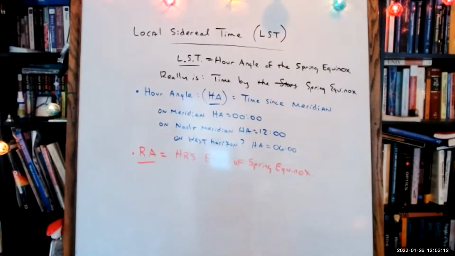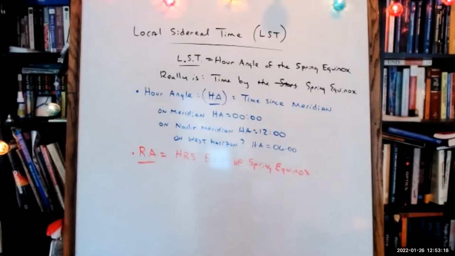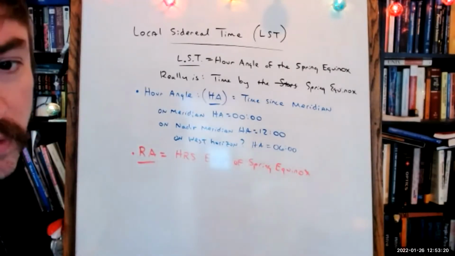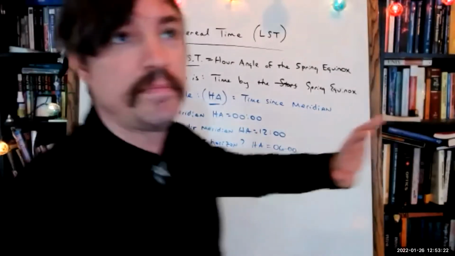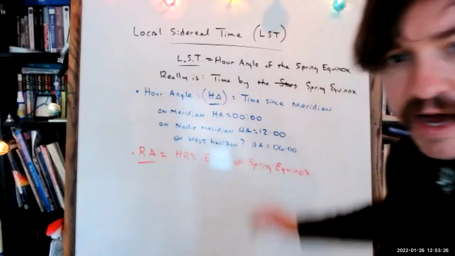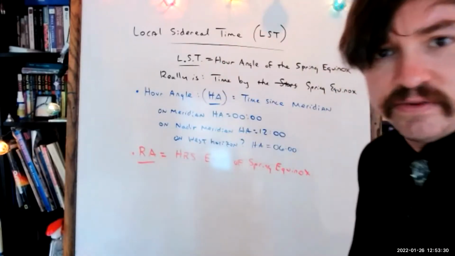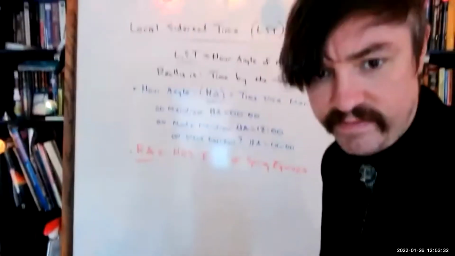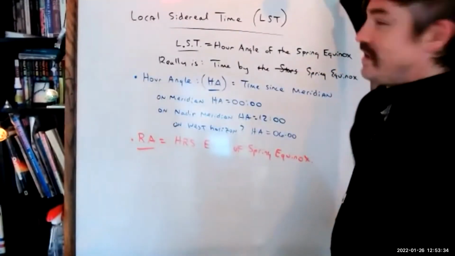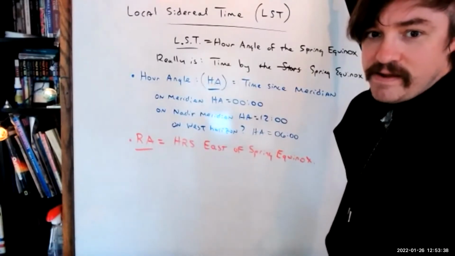But at this point, I think we're going to need a little picture or a diagram to straighten our brains out. Sure, what does that say? Hours? There's a blur. Oh, so it's glare, not blur. It's glare from the computer, I think. Hours east of the spring equinox.